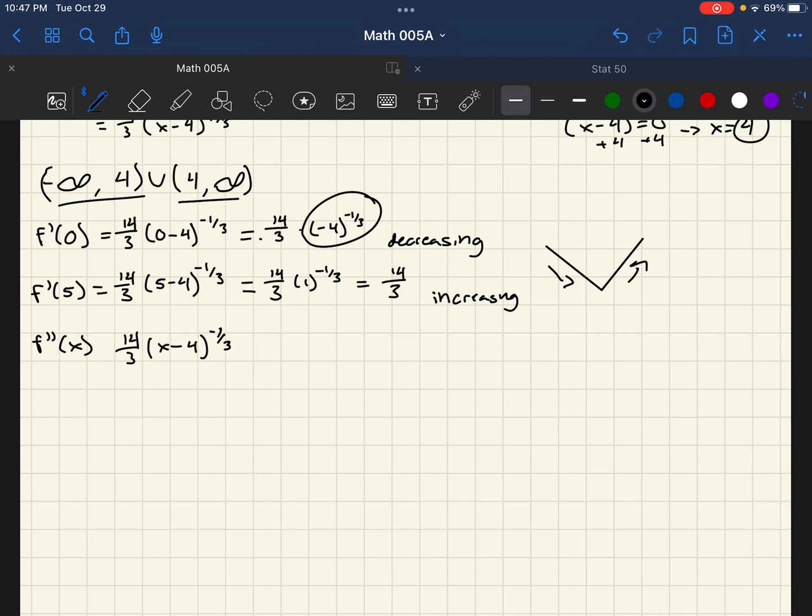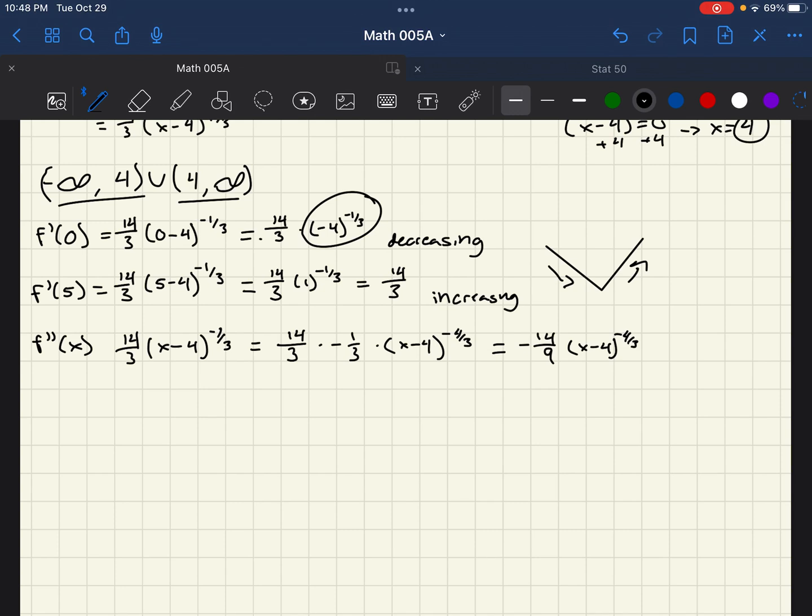To find the derivative, we do the chain rule again. So it's going to be 14 over 3 times negative 1/3 times (x minus 4) to the now negative 4 over 3. And this is going to equal negative 14 over 9 times (x minus 4) to the negative 4/3.